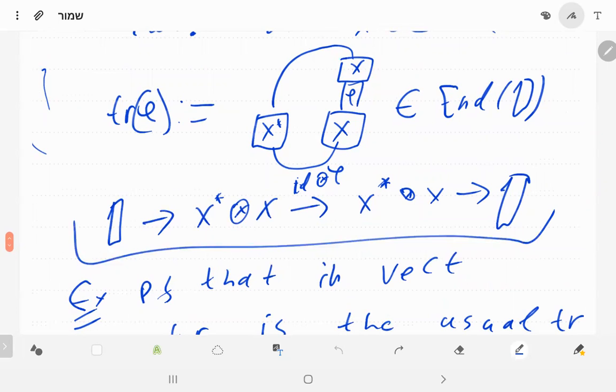So you have to understand what is a unit and what is a co-unit. It's also rather simple objects in vector spaces. So you have maps like this and like this. The duality is of course just the usual dual space.